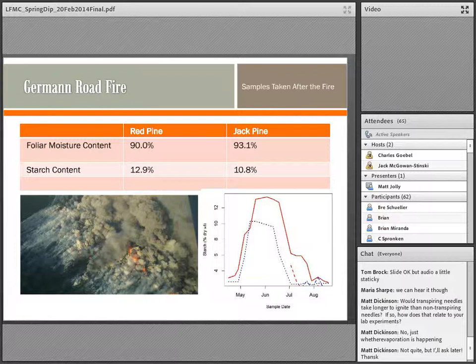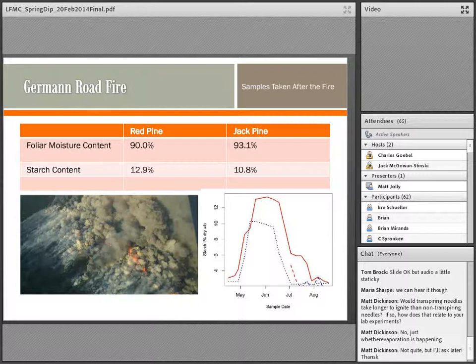And basically what we found is that we were able to sample right after the fire, taken adjacent to this area, and what we found is in that fire area, the red pine moisture content was 90%, the jack pine moisture content was 93.1%, but the starch content of those fuels was very consistent with the periods of the peak dip period that we observed at our adjacent site, so the starch content was almost 13% in red pine and about 11% in jack pine.